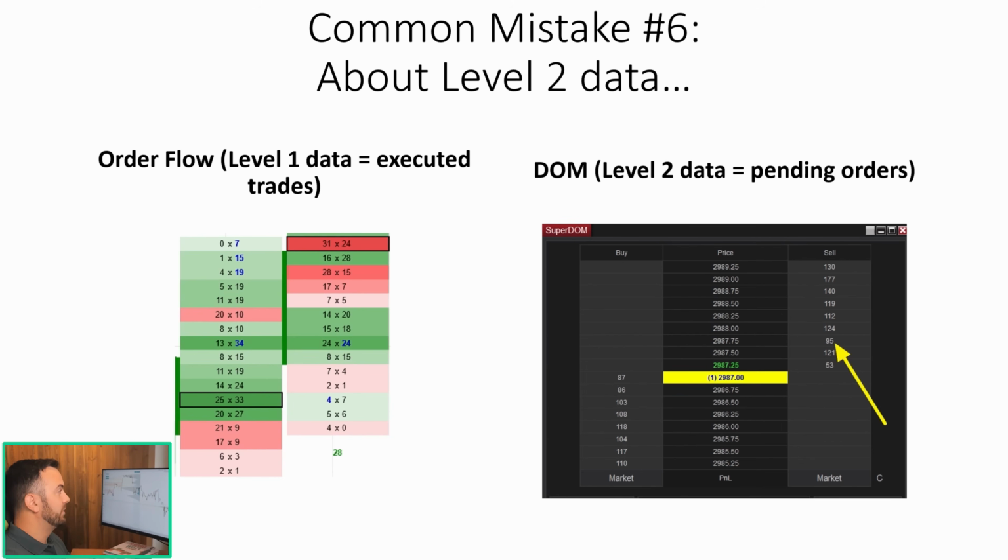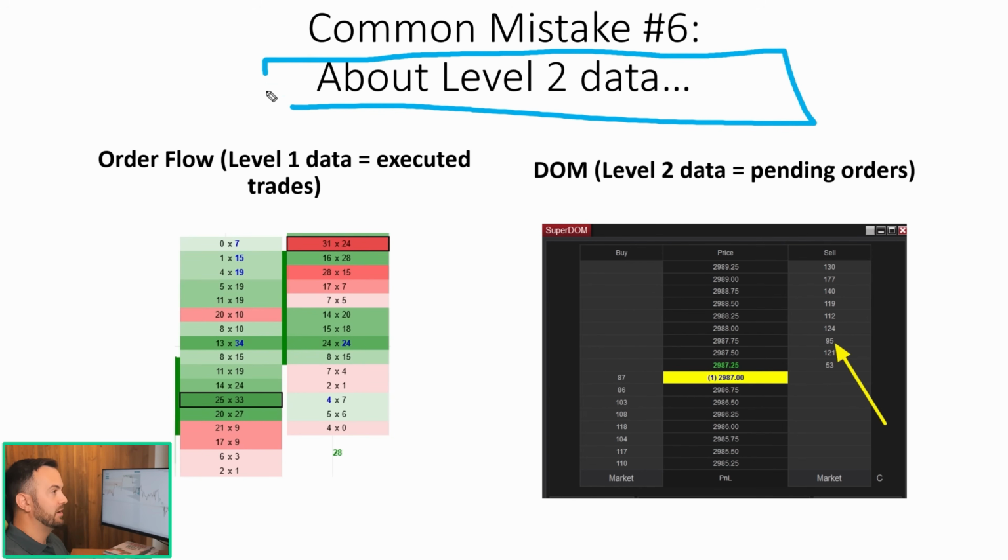Now, another thing that people keep asking me about is questions about level 2 data. For some reason, people still think that they need level 2 data if they want to trade order flow. The difference between level 1 data and level 2 data is that level 1 data shows executed trades and level 2 data shows market depth, or in other words, pending orders.